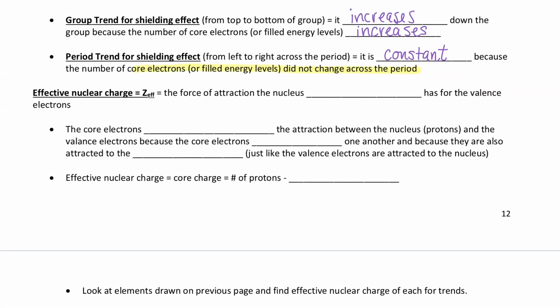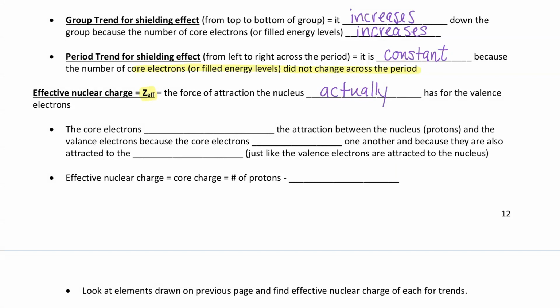Wonderful. Okay. Effective nuclear charge, you can abbreviate that ZEFF. Z effective, Z is for charge. This is the true force of attraction that we're going to have for those valence electrons. So we can say this is the force of attraction the nucleus actually has for the valence electrons. This is going to consider the core electrons.